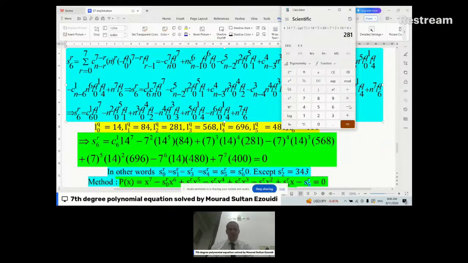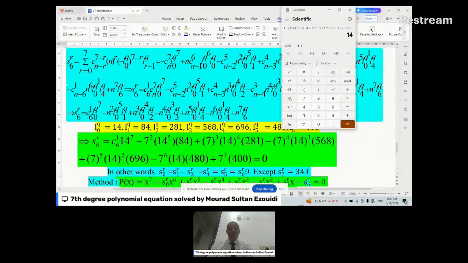Minus 7 raised to the power 4 times 14 cubed times 14 cubed. You should be very smart and very patient while calculating, learners.